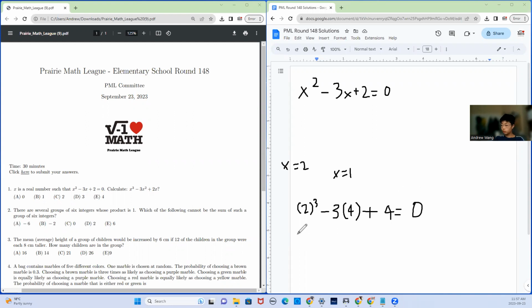Now let's try 1. So 1 cubed minus 3 times x squared, so minus 3 times 1, plus 2 times x, that will actually be 2.